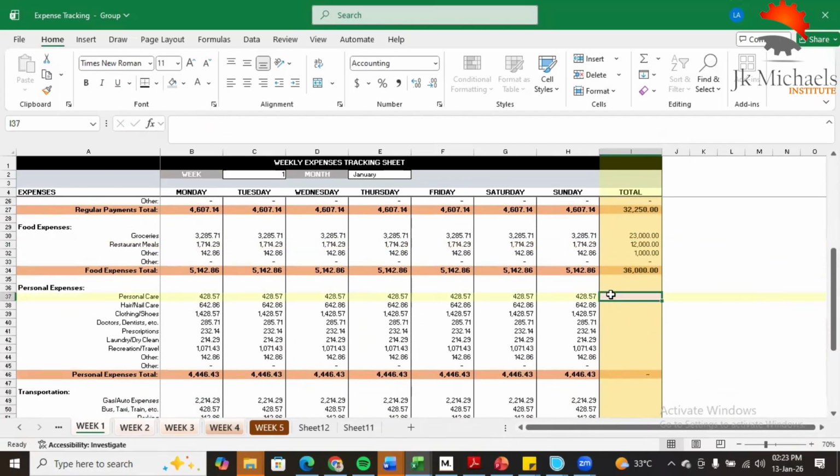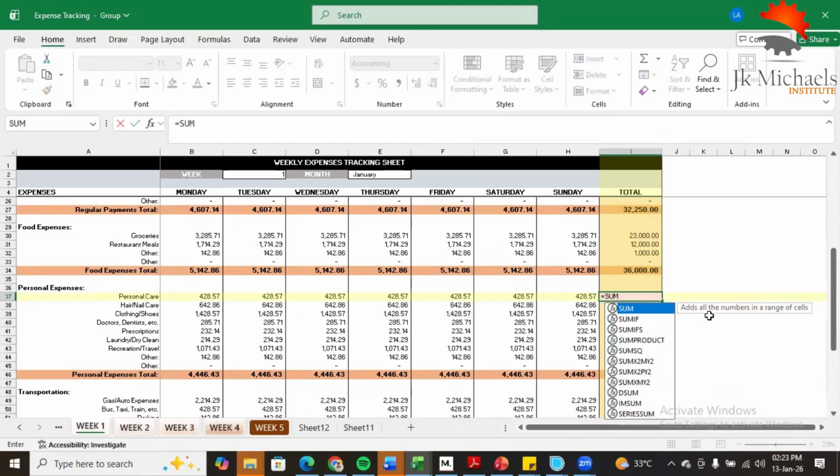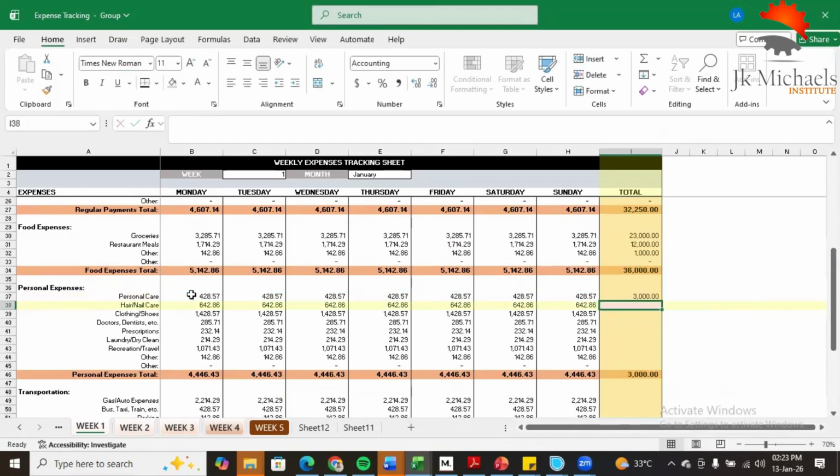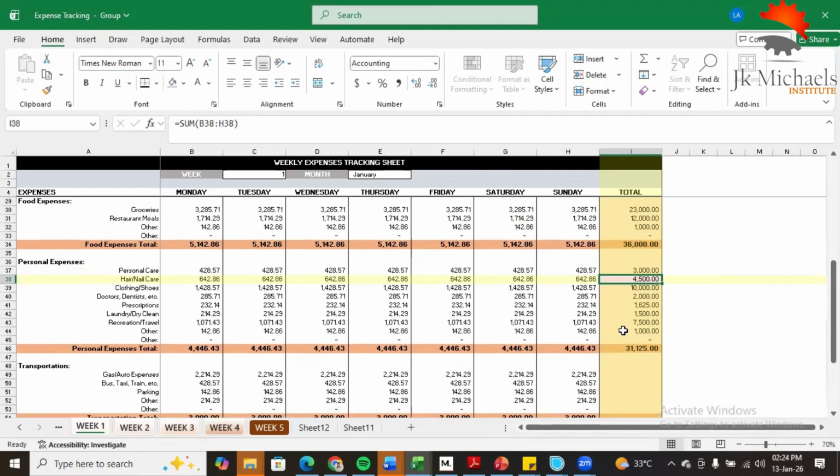Okay, now we have the sum for these personal care expenses, 3,000. We pull this down. Then we hit enter. Okay, correct.